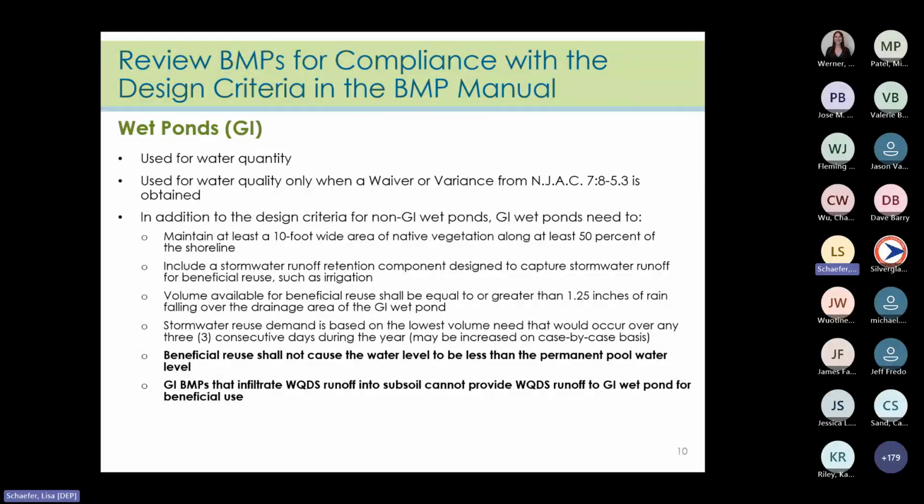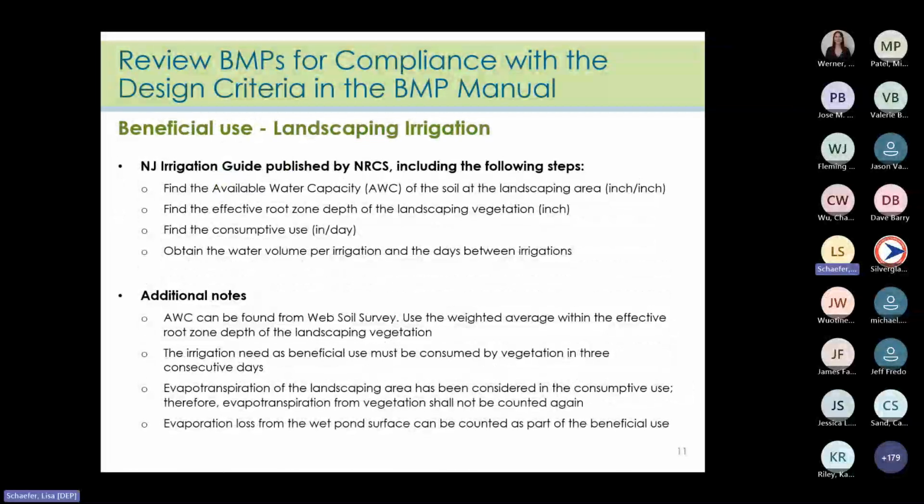So the beneficial use of a GI wet pond is often to provide landscape irrigation. The method to estimate irrigation use shall be based on some reasonable assumptions. So the designer cannot randomly assign a value like 1 inch per acre per day to calculate irrigation use. So the NRCS has published a New Jersey irrigation guide, which provides one method to estimate the irrigation need.